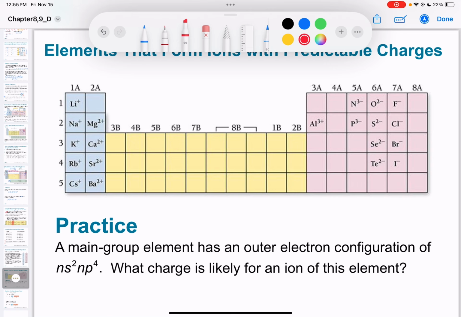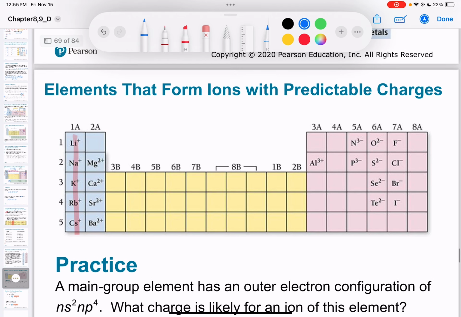So if we look at group 1, they all lose 1 electron because their outermost shell is an s1. So it loses that 1 electron. The second one, the outermost shell is s2, so it loses those 2 electrons. s2p1 for the third one.